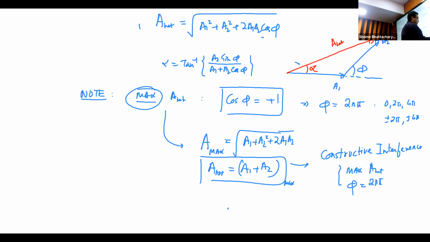Or we also say in words that when the phase difference is 2n pi, basically what is happening is that the interfering waves are in phase. If the phase difference is of the type 2n pi, it is equivalent to 0. Trigonometrically, 2n pi is equivalent to 0. So we say that the waves are in phase.